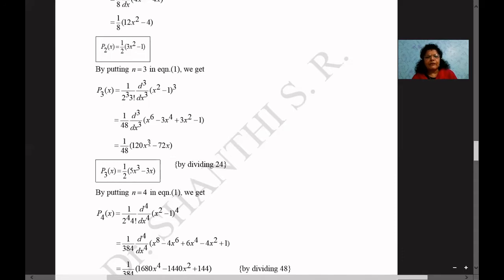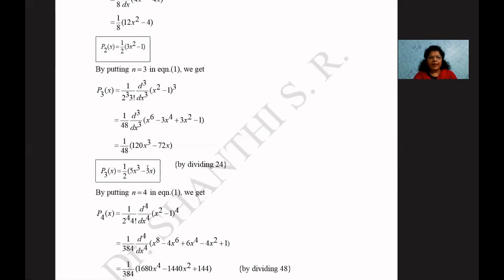Take 24 outside, it is a multiple of 24. So this will be 24 into 5x cube minus 3x, divided by 48. So 24 and 24 you can cancel. 1 by 2 of 5x cube minus 3x. Thus we have obtained P3 of x is equal to 1 by 2 of 5x cube minus 3x.